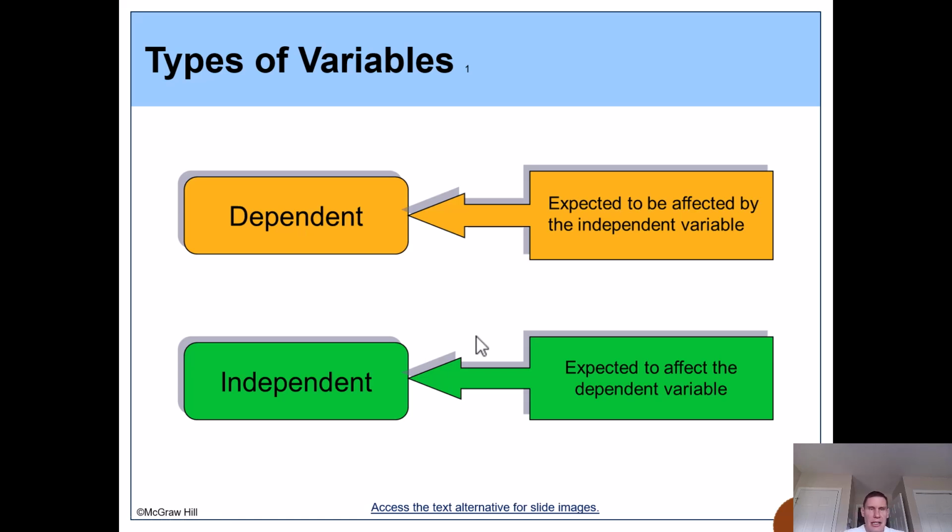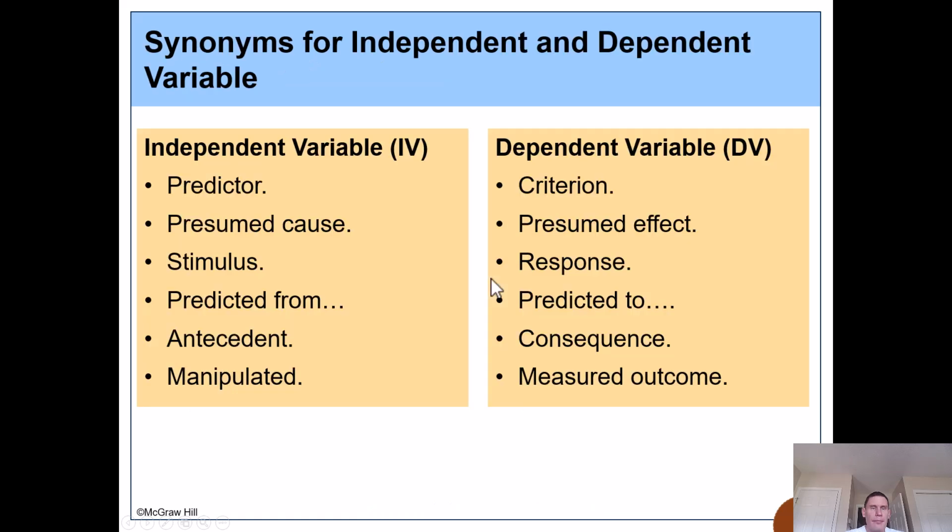So dependent versus independent variables. The dependent variable is expected to be affected by the independent variable. Think of it like it depends on the independent variable. So the independent is expected to affect the dependent variable. The independent variable is typically going to be the predictor. It would be the presumed cause, unless your research indicates otherwise.